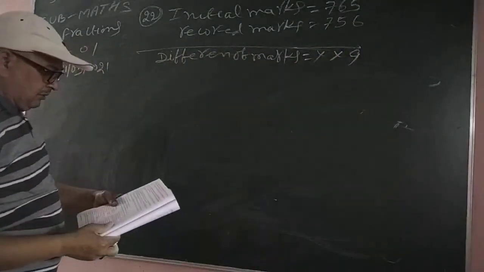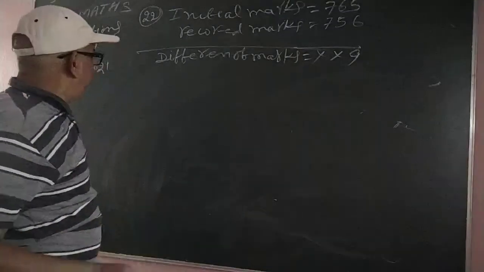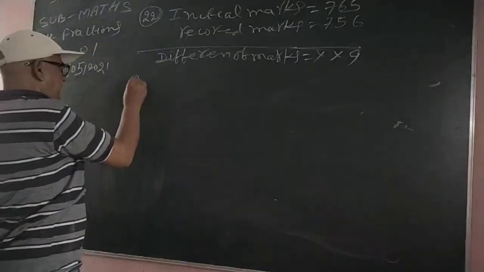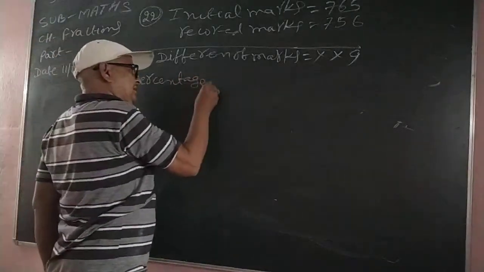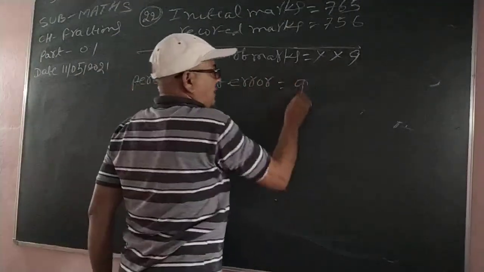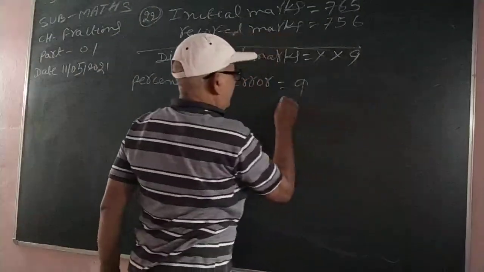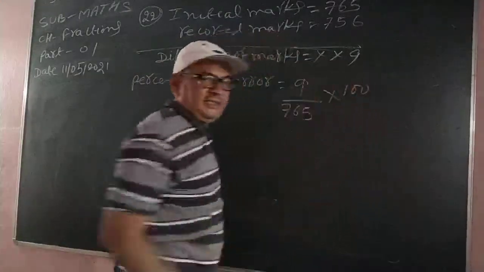Now the question is asking: find the percentage of error. Percentage of error is equal to 9 by 765 into 100. Please listen.